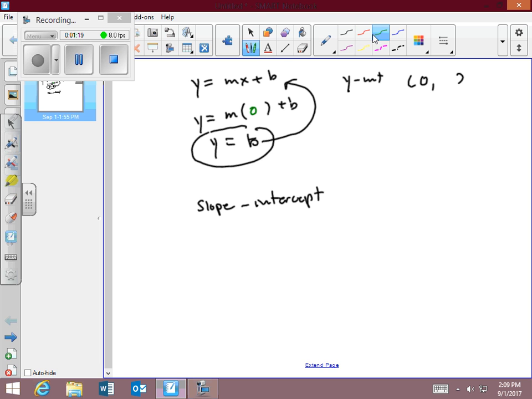And so what they're saying is that you know the slope right there, somehow. And then you know the intercept right there. So 0, b is going to be your intercept.